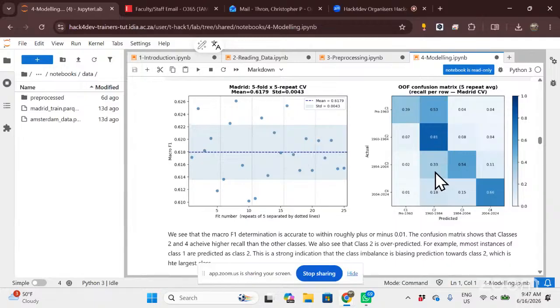On the other hand, if I have a pixel in class 2, what's the probability that it will be predicted to be in class 3? 0.08. Okay. So there's a lot less confusion the other way. Only 8% of class 2 pixels are wrongly classified as class 3.